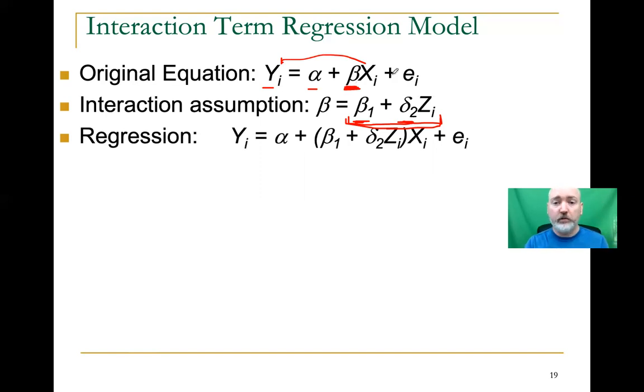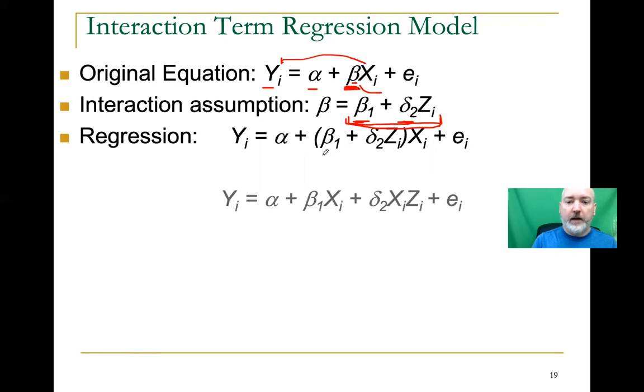Make the substitution, right? Plug this in for beta and multiply it out, and look what we get, right? The intercept, the slope of x on y, and then the new coefficient, the delta 2, is going to be the coefficient on this product of x and z. Just multiplying this out.